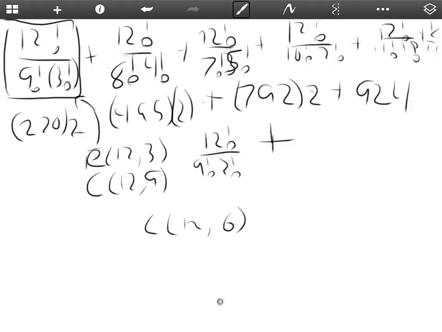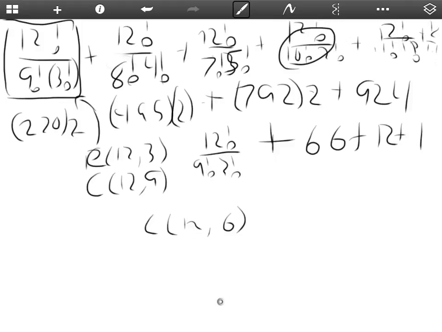This problem's so long. The first one is 12 times 11 divided by 2, which is 66, plus 12, plus 1.